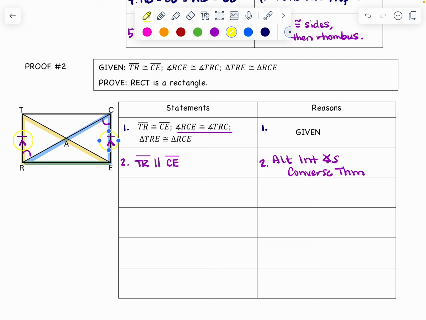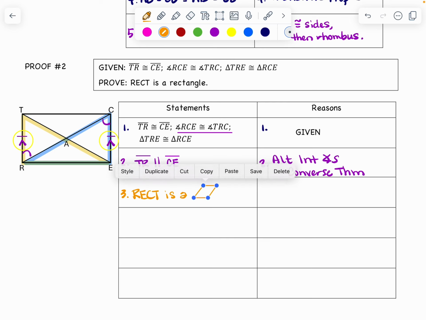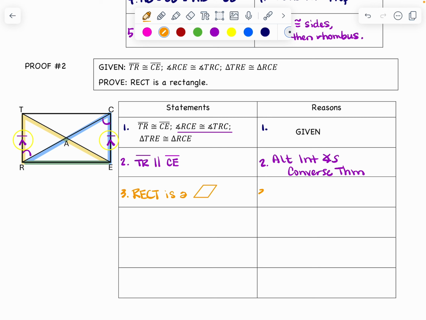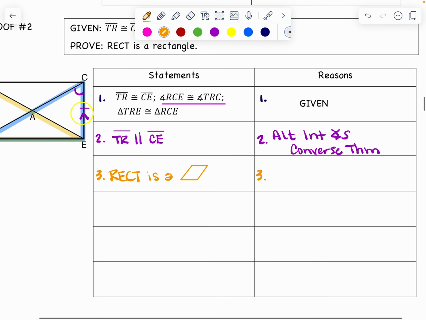So this would be the alternate interior angles converse theorem. And then hopefully you notice what we've got, right? I've got parallel and congruent, right? And that was theorem number 5 from yesterday's notes that help us prove that things are parallelogram. So I'm going to use that to then say that RECT is a parallelogram, not a rectangle yet, just a parallelogram.